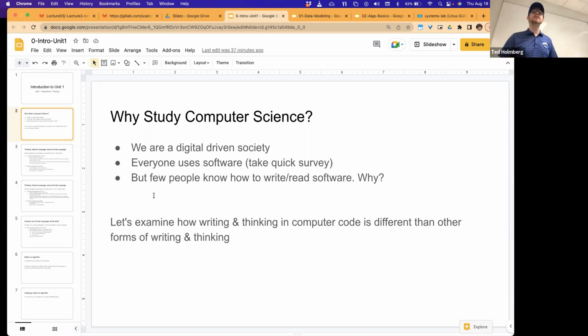We're talking about something that you don't get trained on until you hit the university level. But now that you're here, you can take advantage of that. You can take advantage of that hole in the job market that requires that. But what I'm going to try to do is tap into those things that you do know how to do well. So you took math classes and you took English classes, right?